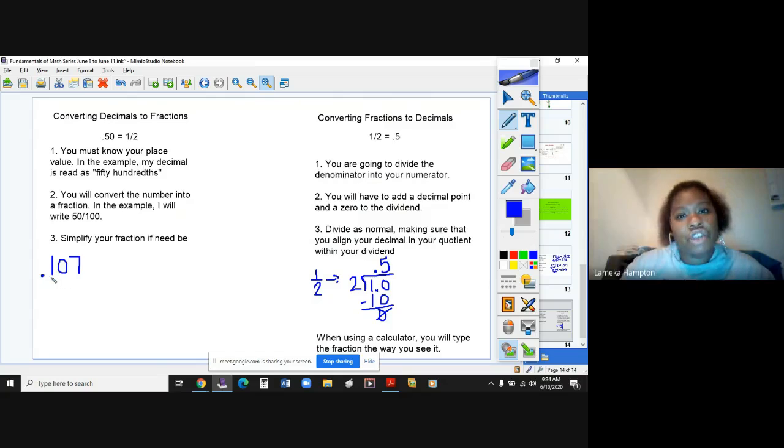So this is actually read as 107 thousandths. Again, my 1 is in my tenths place, my 0 is in the hundredths place, and my 7 is in the thousandths place. So because of that, this would be my fraction, 107 over 1,000.